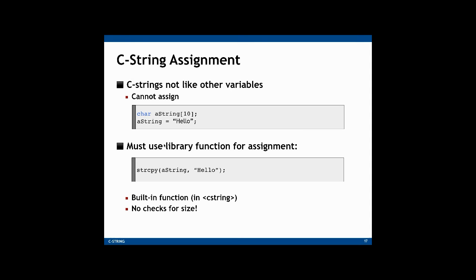So you must use the strcpy function like this. If you want to assign a C-string to a C-string variable, you have to use the strcpy function, which copies the C-string value into the variable.